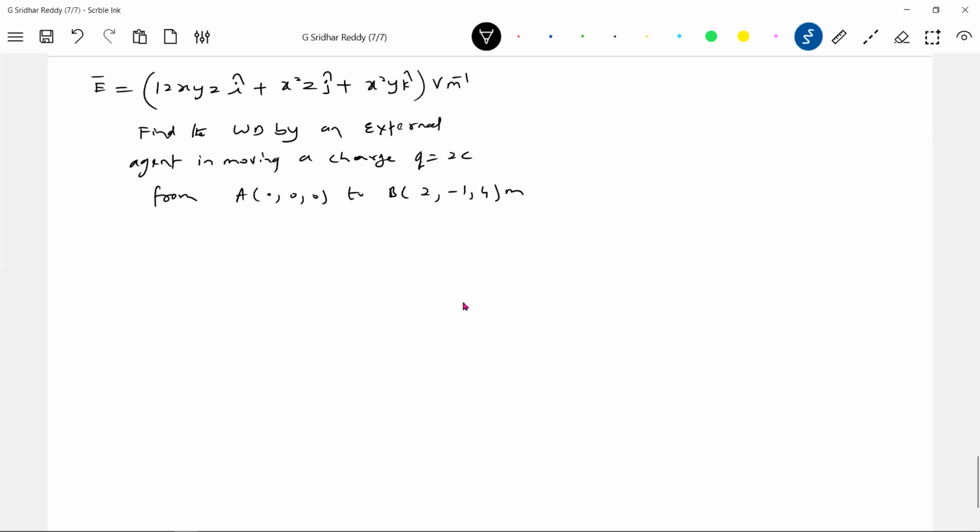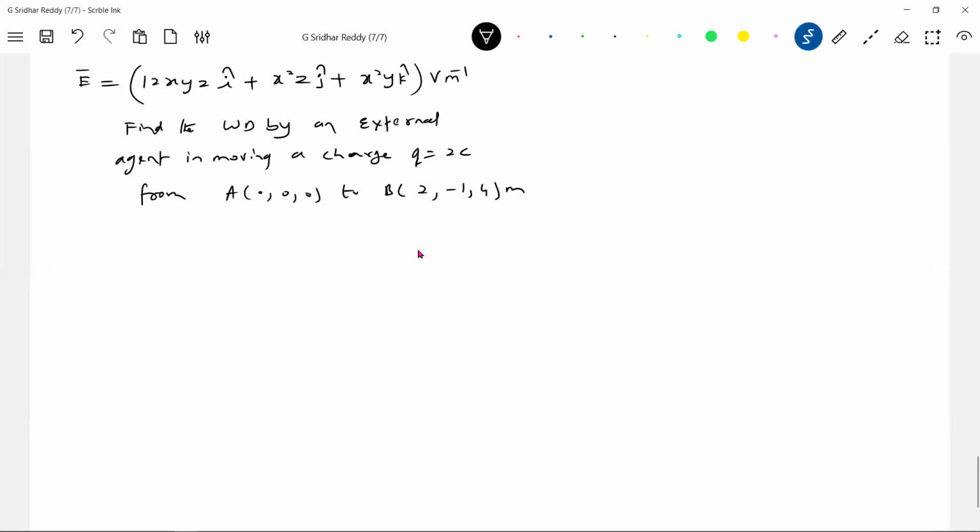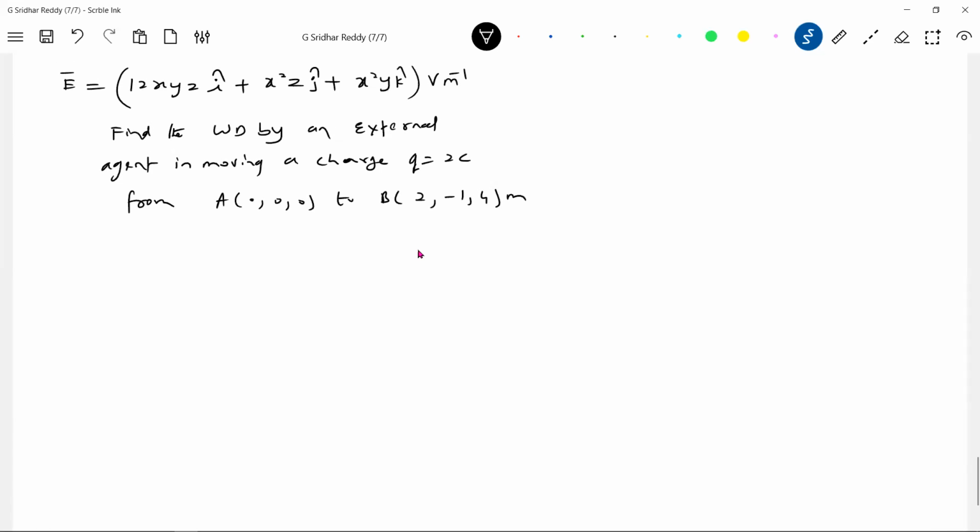This is the electric field strength given. So you have to find out the work done by the external agent in moving a charge from point A to point B in this particular field. Look at the field: uniform or non-uniform?